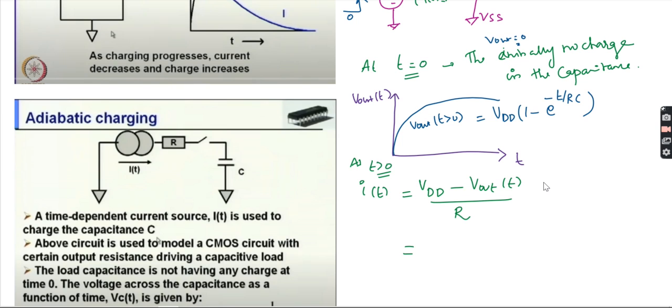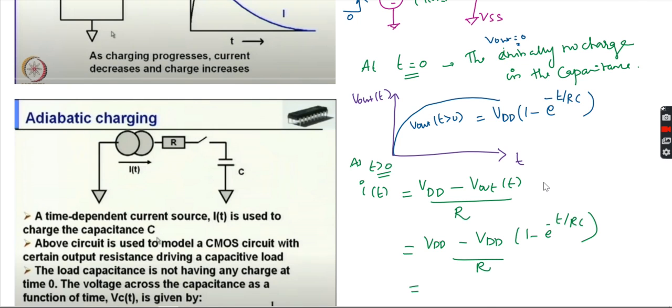So t is greater than 0. So VDD minus V out of t, where V out of t is equal to VDD into 1 minus e to the power minus t by RC. So substitute this over here. So we'll get VDD minus VDD into 1 minus e to the power minus t by RC, divided by R.